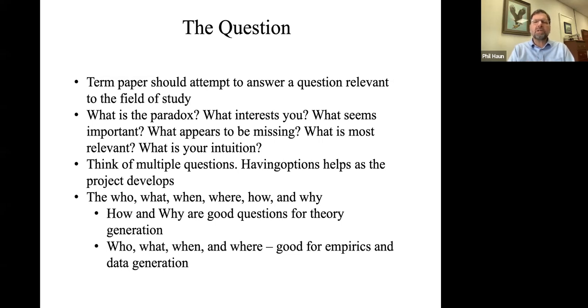So when someone asks you what the question is, that first word should give you some indication. If you go with the who, what, when, where, these are typically more narrative words, more empirics, that's descriptive of the data. This can be quite useful for a term paper, but it's at a different level. So you should be kind of careful with that in terms of what you want to achieve.